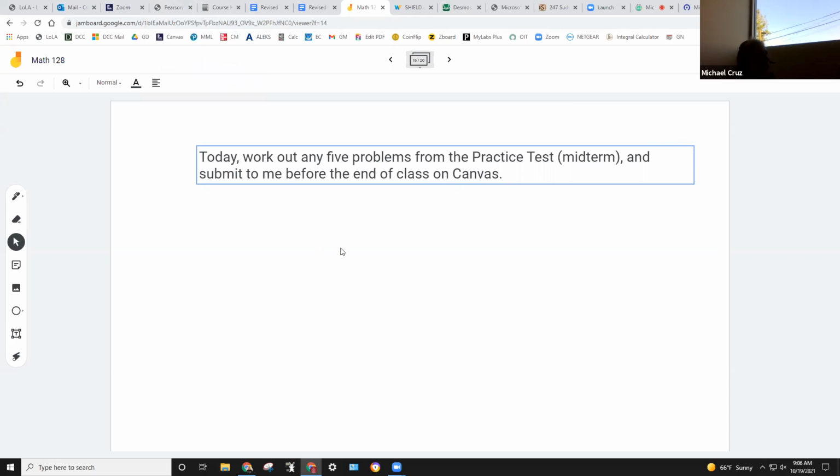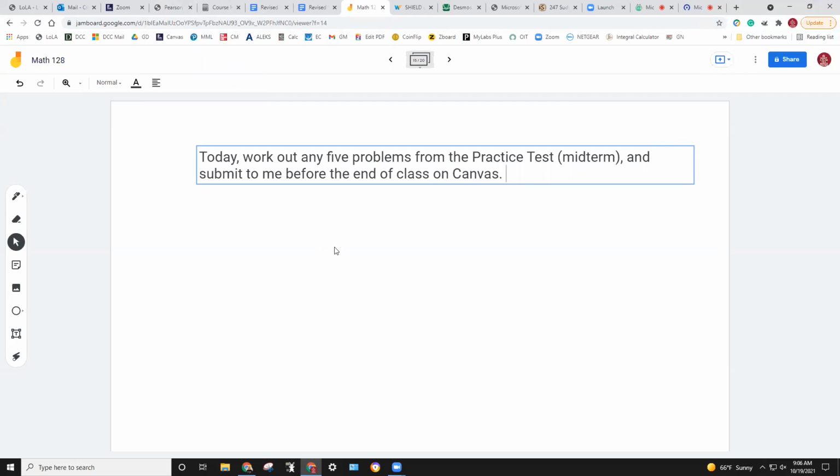Can y'all see that? You can work on paper and use your phone to show me. I'm not going to grade them for being right, but I will give you feedback in Canvas. It's going to be basically just participation.